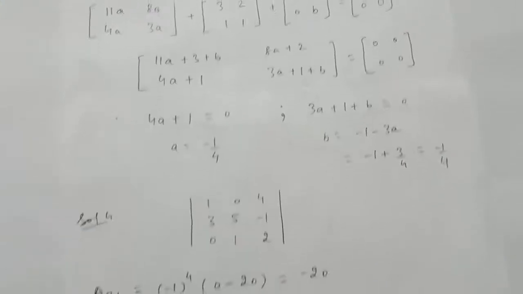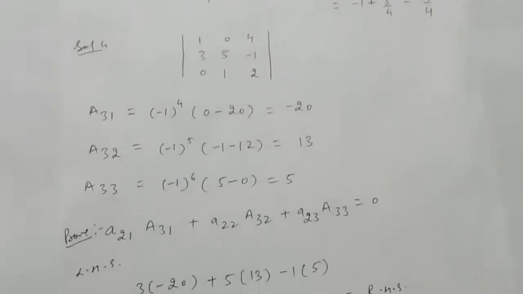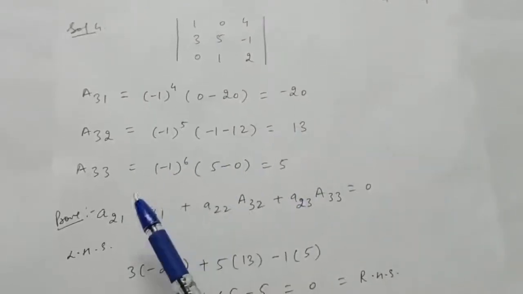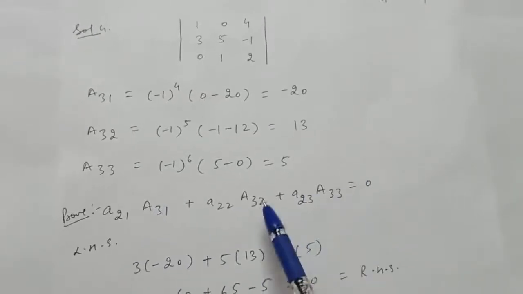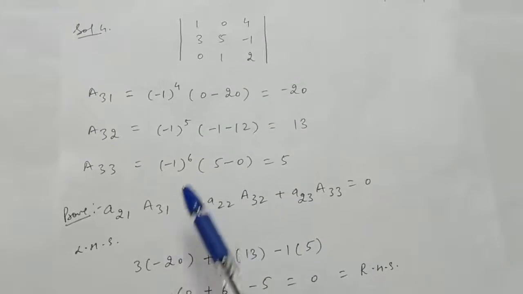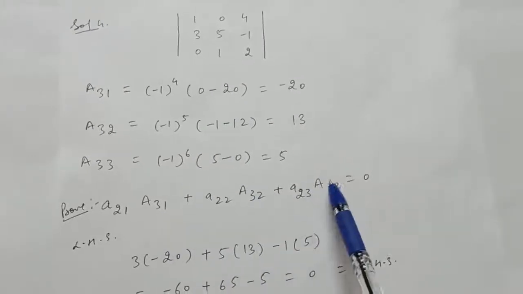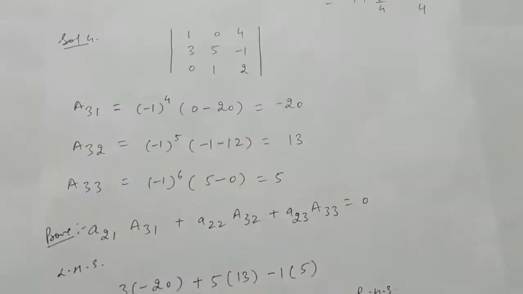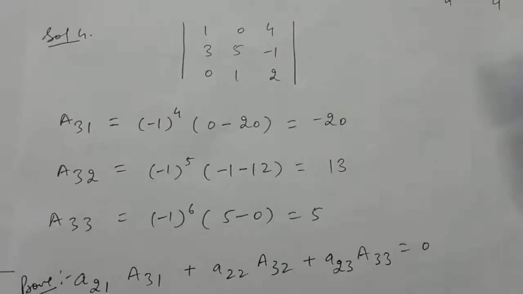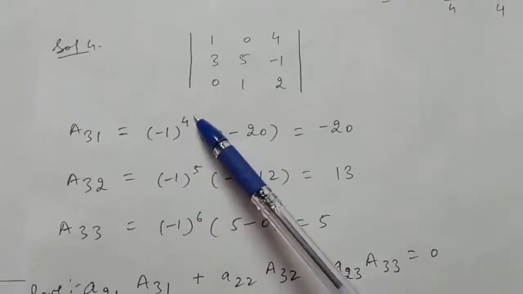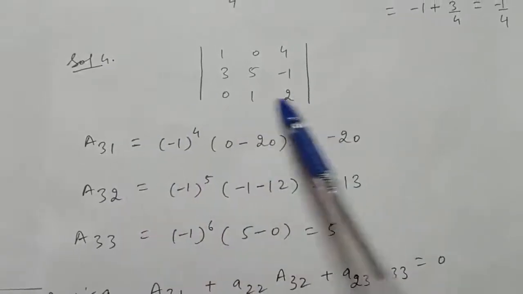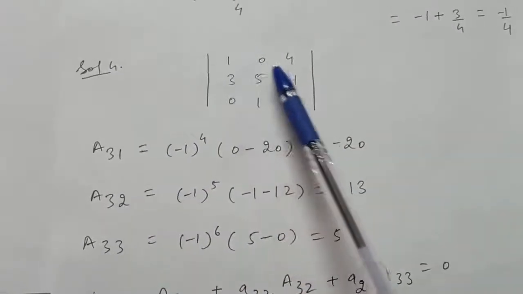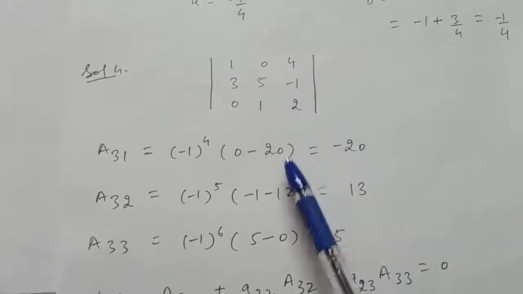Right? Now question number 4 is, you have to verify that this is equal to 0. So for this, find out the cofactors of the third row. These are the cofactors of the third row only. So A31 will be -1 raised to the power 4 into, leaving the third row and first column, you will get 0 minus 20.